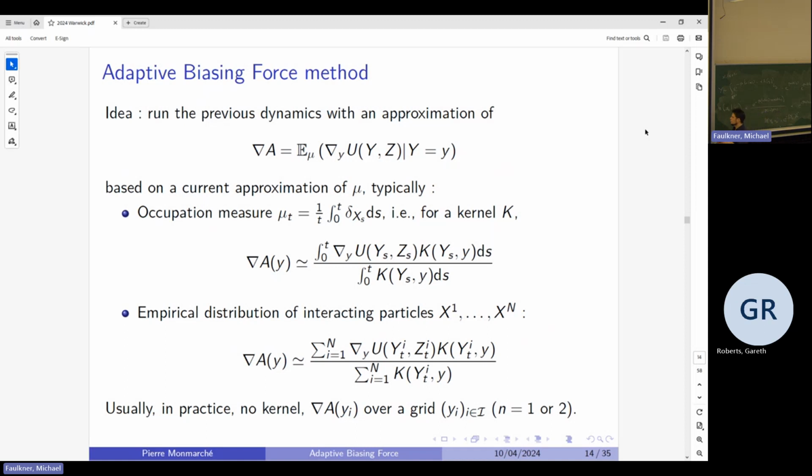So you do a single trajectory of your sampler, and at time t, when you have to do the next step, you have a memory. You interact with your whole memory of your whole trajectory, and you infer. You look at all the points which were close to your current point, and you do an average over all those points of this force here.